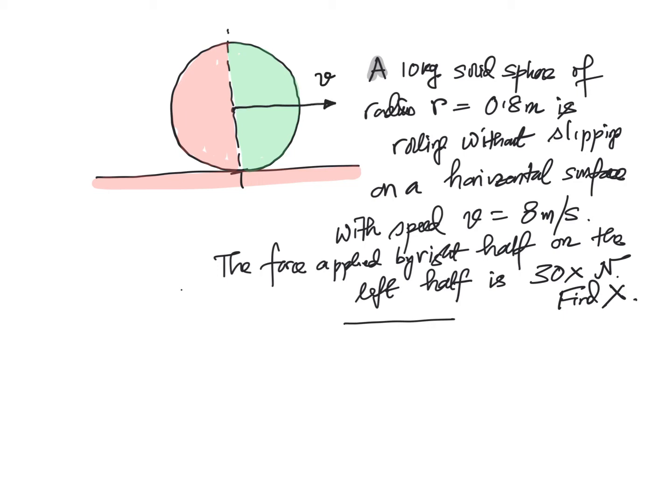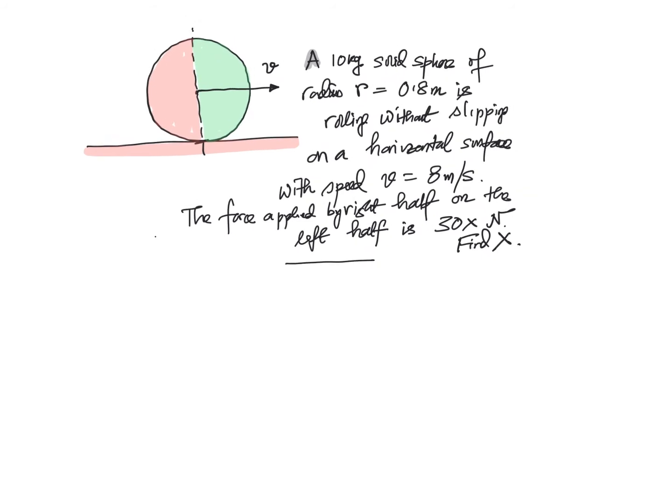So if I construct the free body diagram of one half, suppose we construct the free body diagram of only the right part of this sphere, the right hemisphere, that green one.